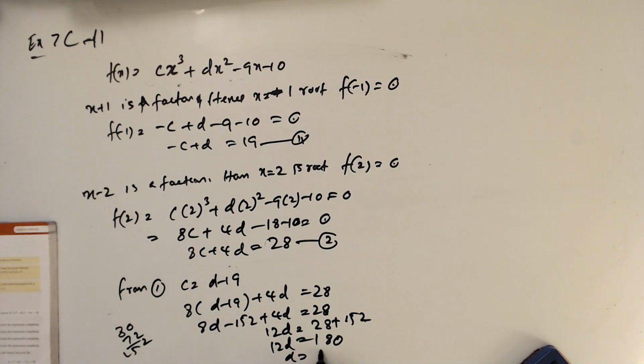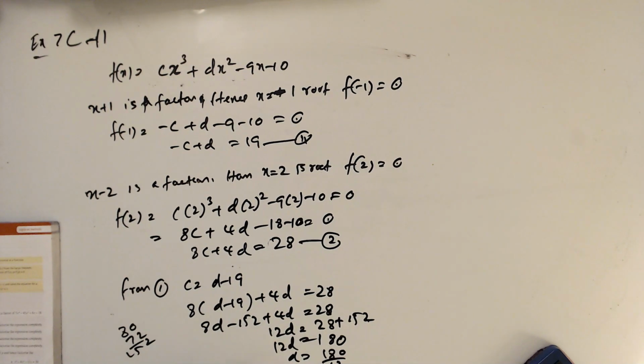So d equals 180 divided by 12. Something is wrong, I have to trace the issue now.